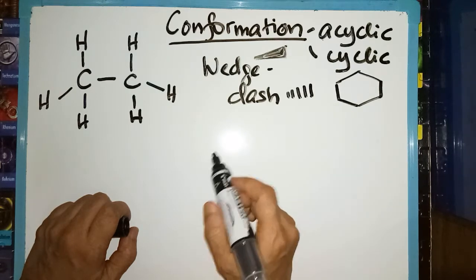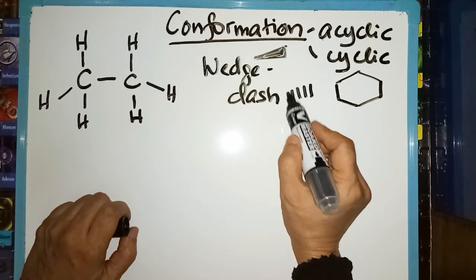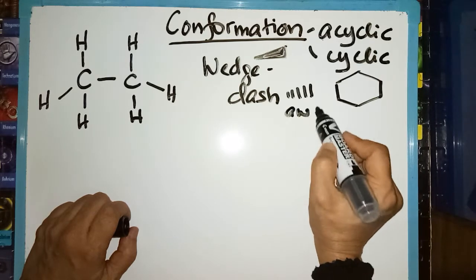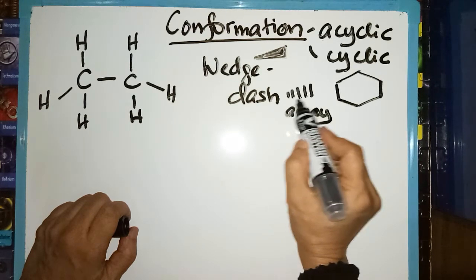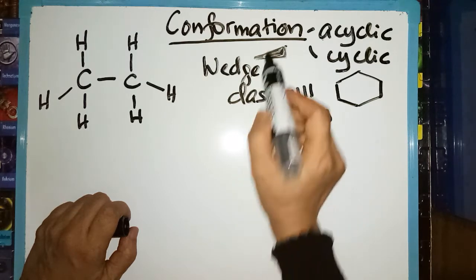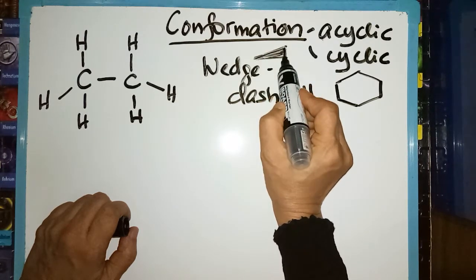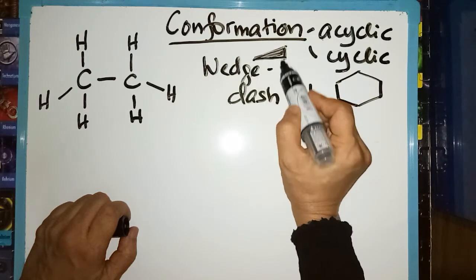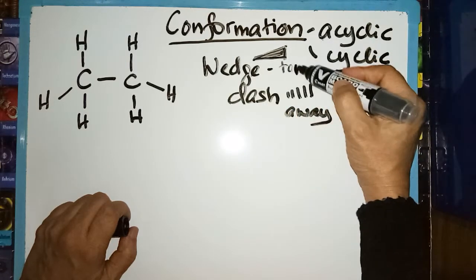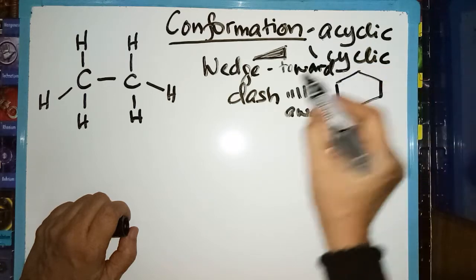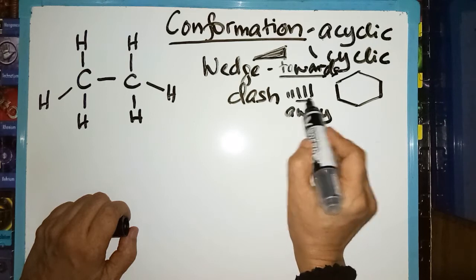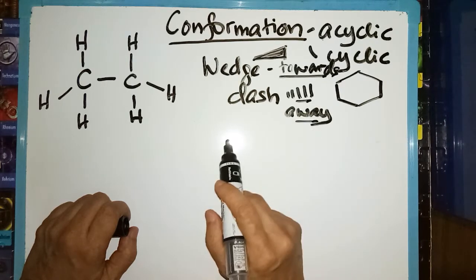So this dash, when you see it like this, means that it is away from you, because it is showing a little bit like it's fading. So this one is showing solid color because it is towards you. So the solid is near, the one with dash is away, which is further away from you.